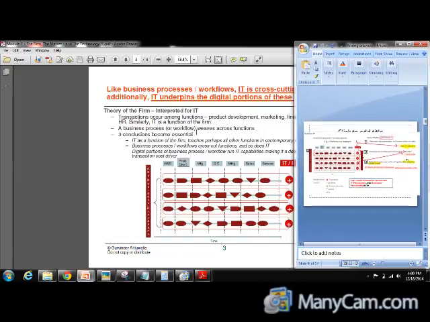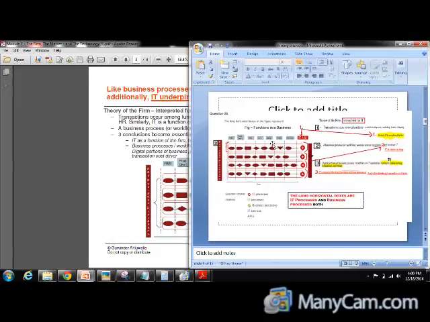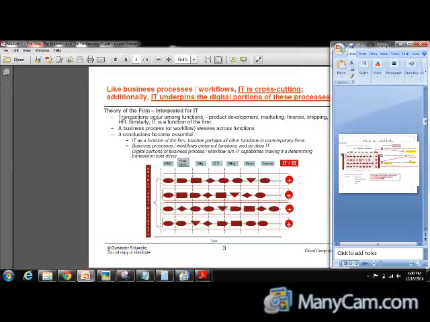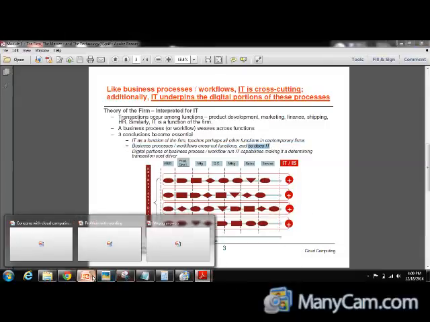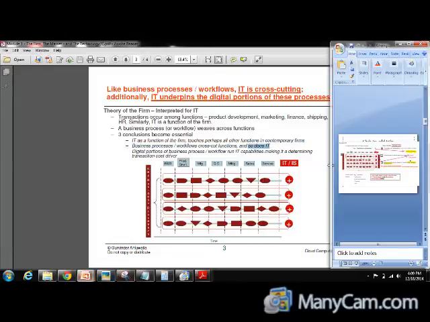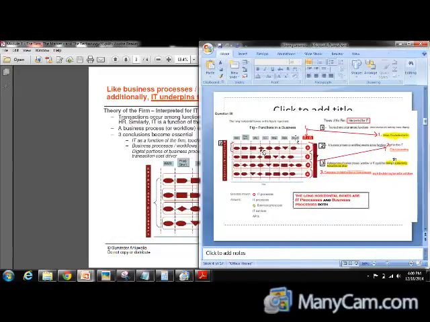The second one is business process or workflow weaves across functions. Now it is interpreted for IT as business process workflow cuts across functions, and so does IT. So to interpret this, the business process workflow weaves across the functions.